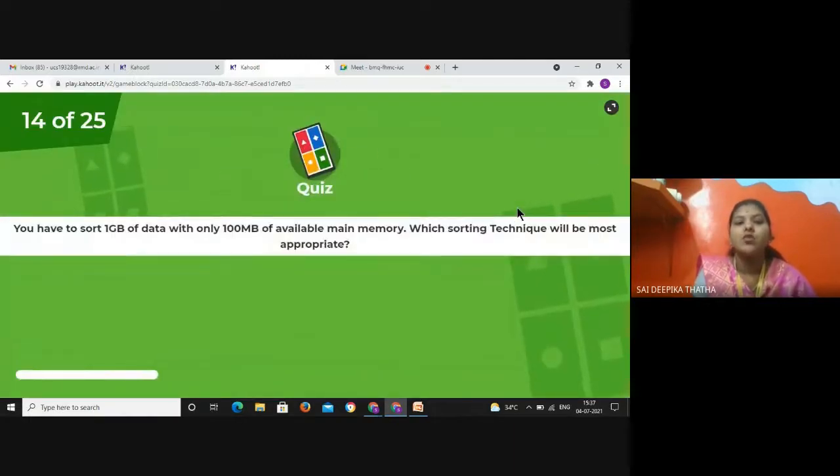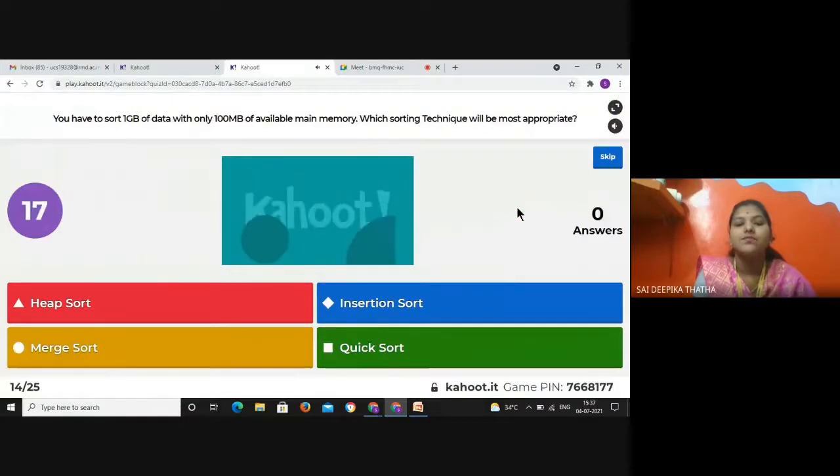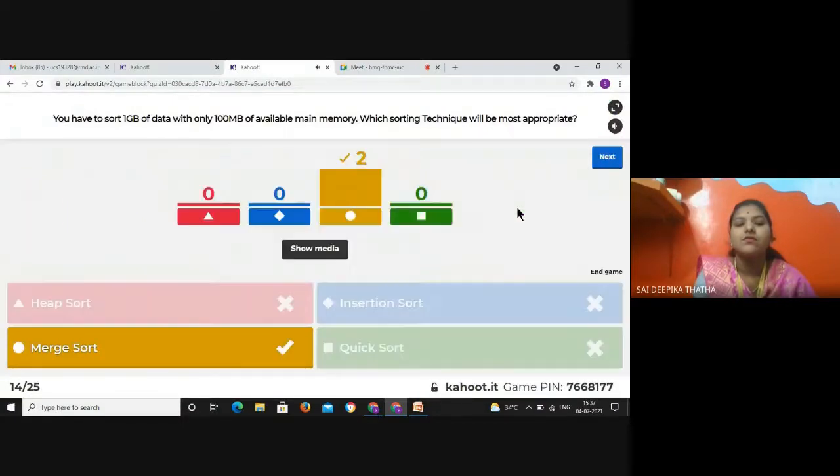You have to sort 1 GB of data with only 100 MB of available main memory. Which sorting technique will be the most appropriate? It's going to be merge sort.